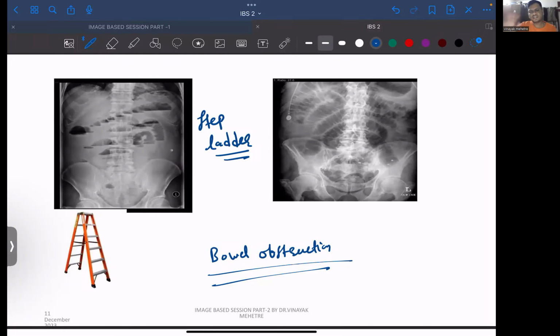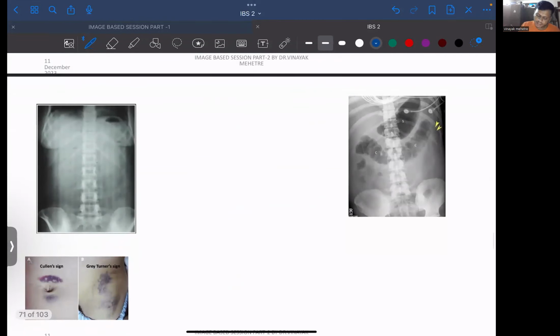Okay, there is discoloration on the abdomen, and on X-ray there is nothing present in the abdomen, which is called gasless abdomen. Answer is acute pancreatitis.